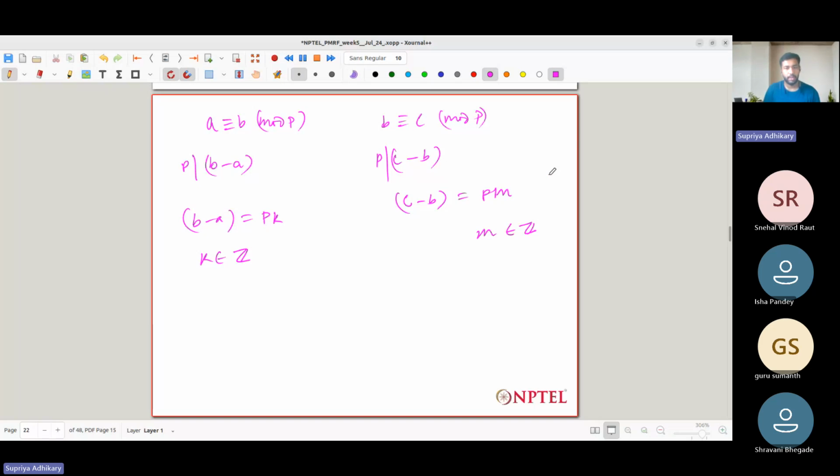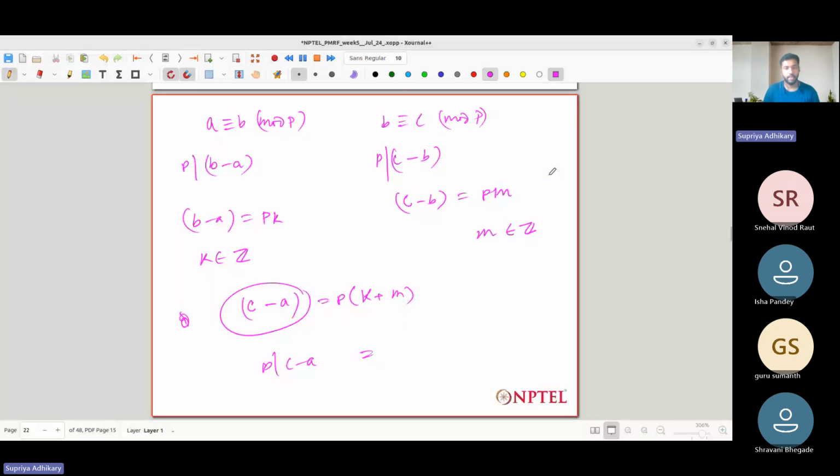So now we can write that c minus a. So basically we are adding these two together. That is, c minus a is also divisible by p. So p divides c minus a.